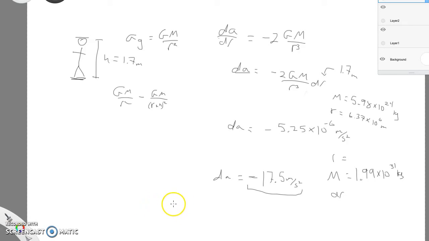The process of getting pulled into a black hole is called spaghettification, and the reason why is because this is what happens. 17.5 is almost 2 times the acceleration from gravity of difference, which means there's quite a bit of difference in the amount of pull on your feet versus the amount of pull on your head as you're approaching this black hole.